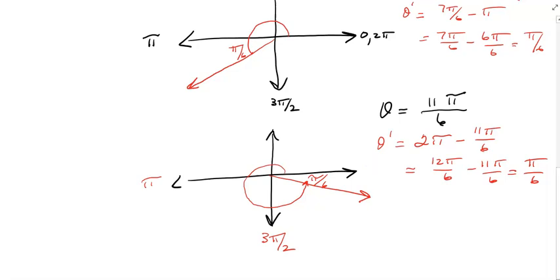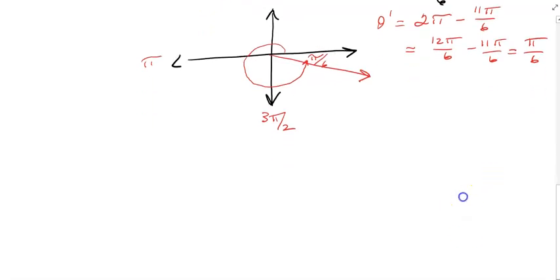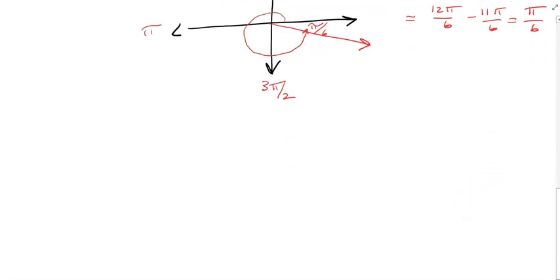All right, so how do these reference angles help us? Suppose I wanted tan of 5 pi over 4, and I want you to find the exact value.